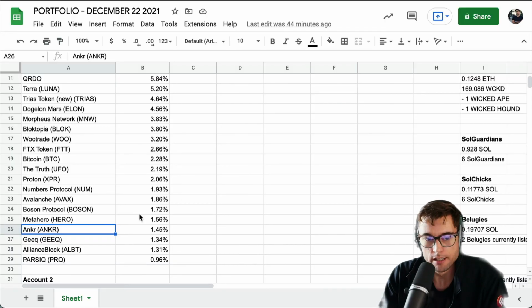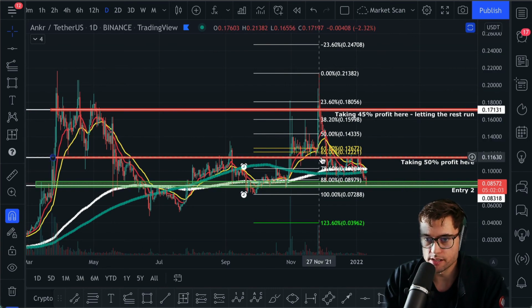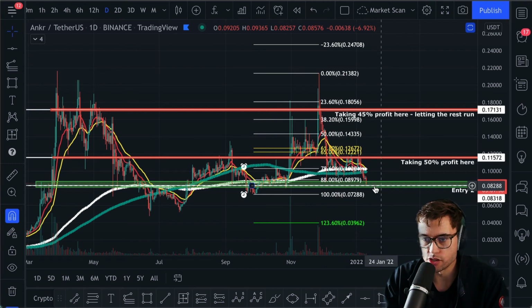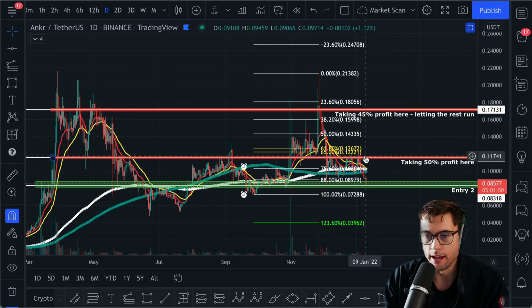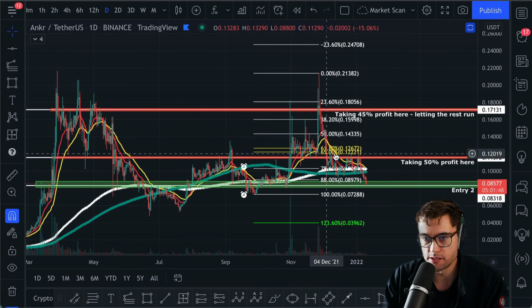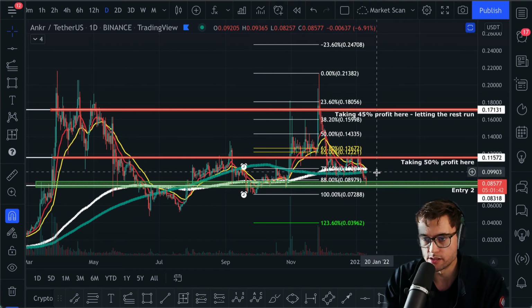Okay, so now that we did Hero, let's go on to Anchor Protocol. For Anchor, I bought some right here, and then my second buy order actually just hit right here. So now what I'm going to do is take 50% profit up here because this is obviously a huge resistance, and because my first buy was pretty much right where this was, and my second buy was down here, my average buying price is somewhere around here.